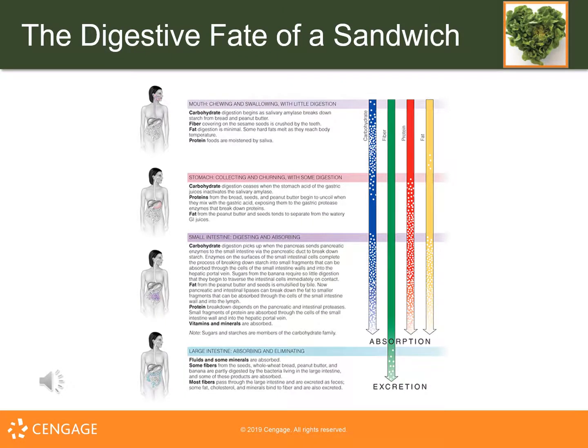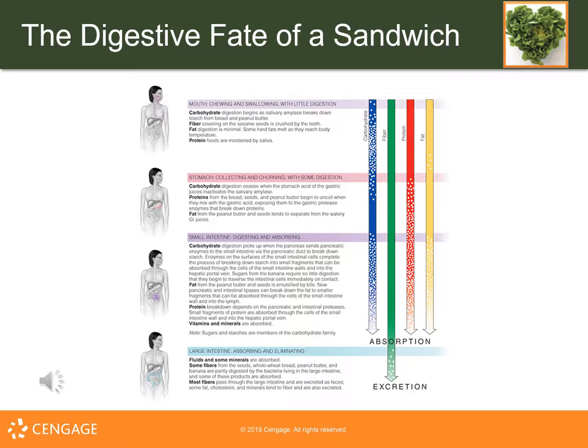As a general overview, take a look at this slide, which corresponds with Figure 3.7 in your book. It summarizes digestion through the GI tract. And if you note the graph on the right-hand side of the figure, the digestion of the energy nutrients begins in different parts of the GI tract, but all are ready for absorption by the time they reach the small intestine.